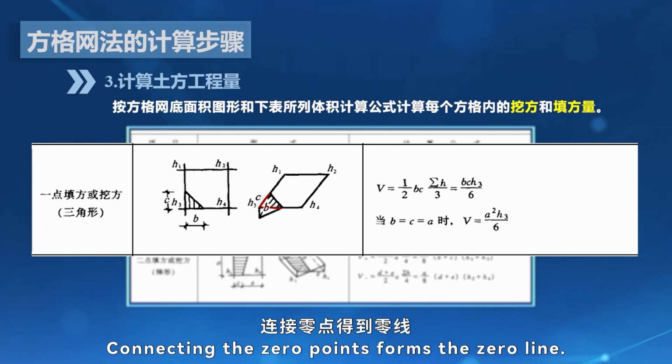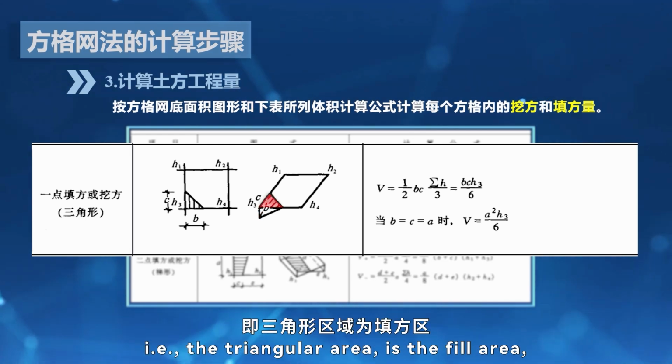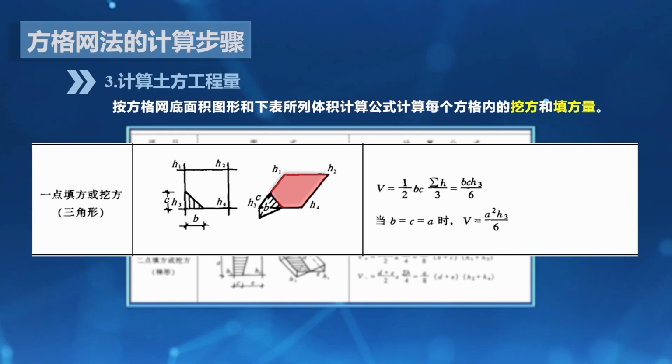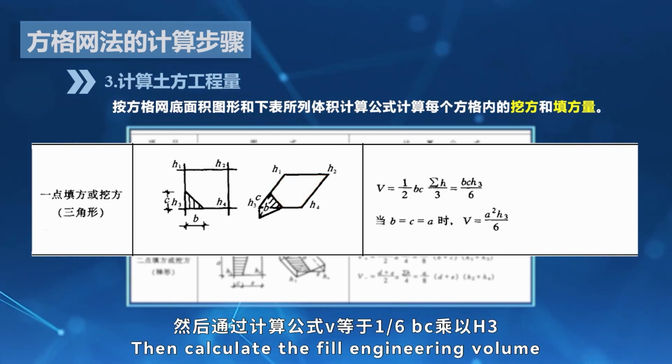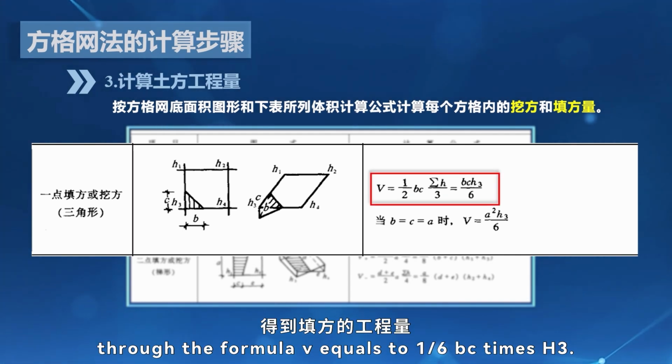Connecting the 0 points forms the 0 line. Correspondingly, the shaded triangular area is the fill area, and the unshaded pentagonal area is the cut area. Then calculate the fill engineering volume through the formula V equals 1/6 BC times H3.